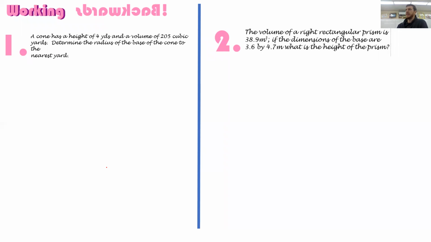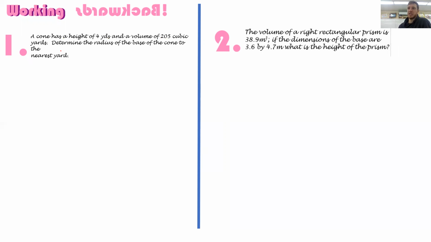Okay, this one is a bit tricky. You need to work backwards. So when these questions are given to you, let's look at number one. A cone has a height of 4 yards and a volume of 205 cubic yards. Determine the radius of the base.